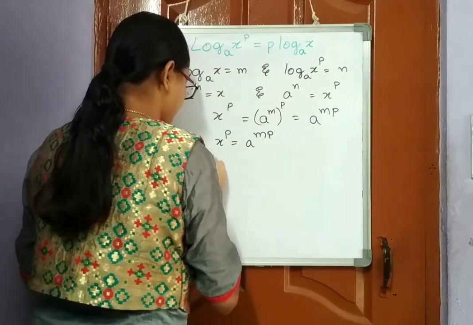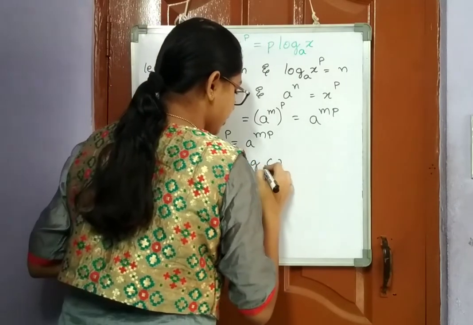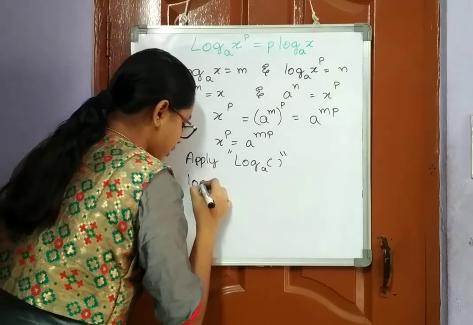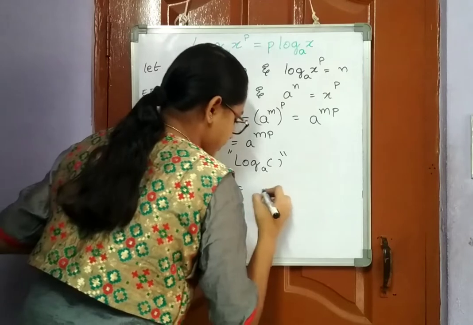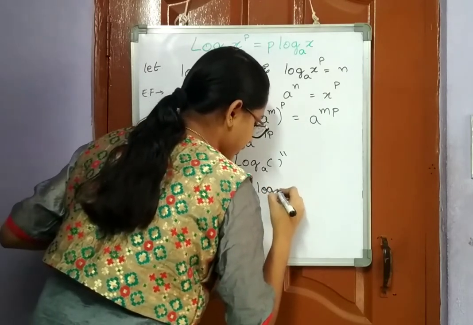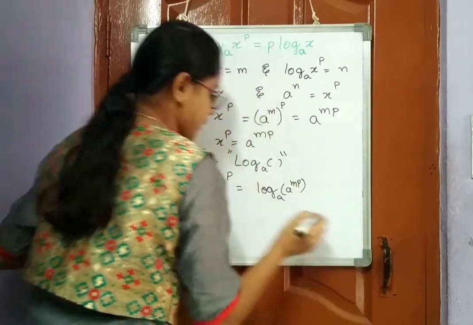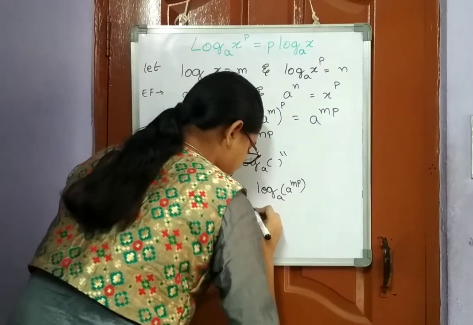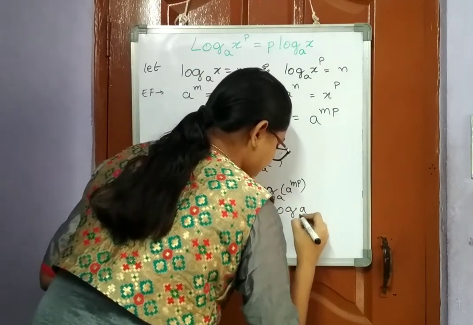Now here apply log to the base a on both sides. Then we will get log of x to the power of p to the base a equals log of a to the power of mp to the base a. Again we will get mp as the product, that is mp log a to the base a.